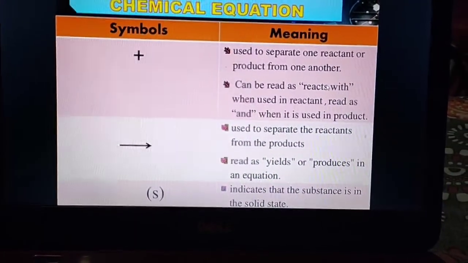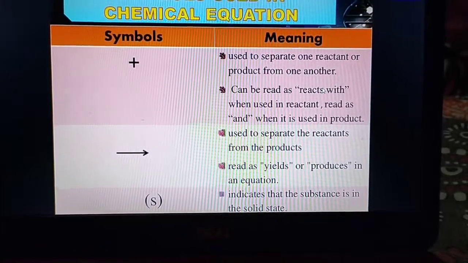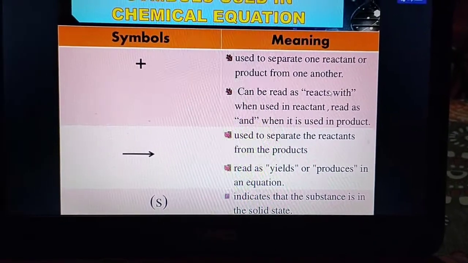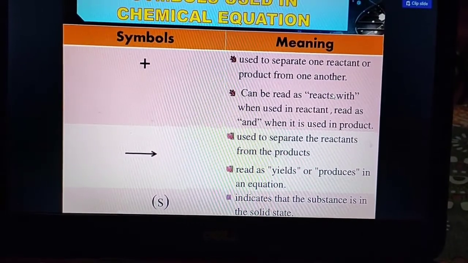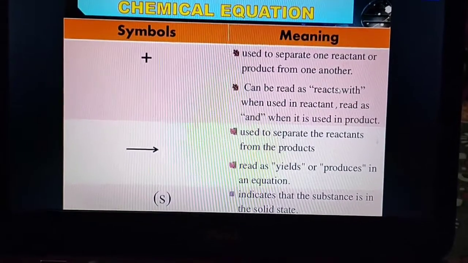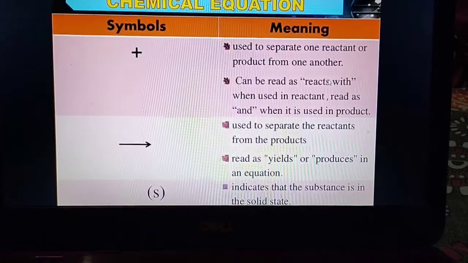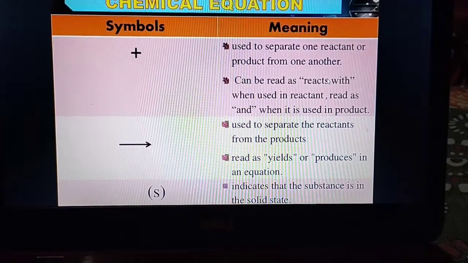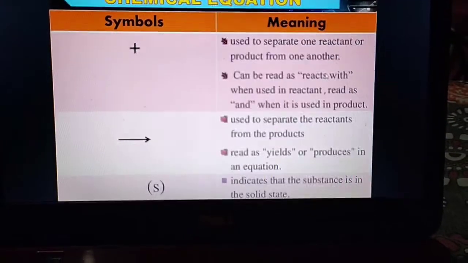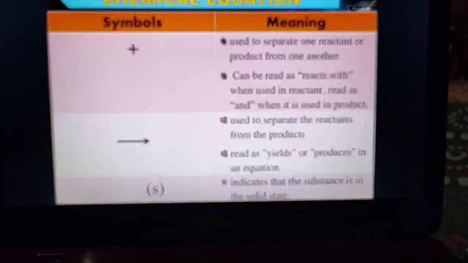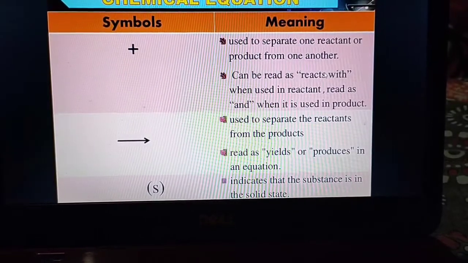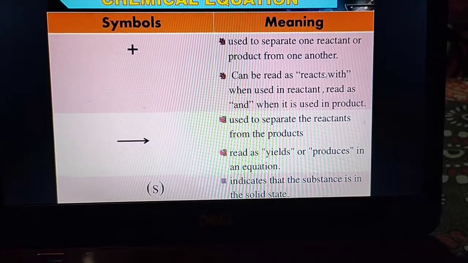Now you see the chemical equation where we use symbols such as the plus symbol, the arrow symbol, and the symbols in brackets. What do these symbols mean? The plus is used to separate one reactant or product from another.